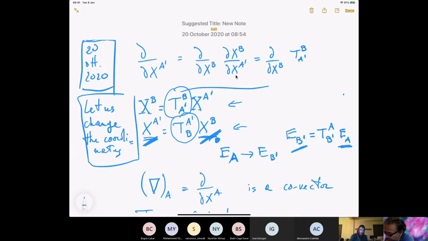So these are the components in this basis, and these are the components in this basis. You have, as we have seen in detail, contravariant transformation. Okay?